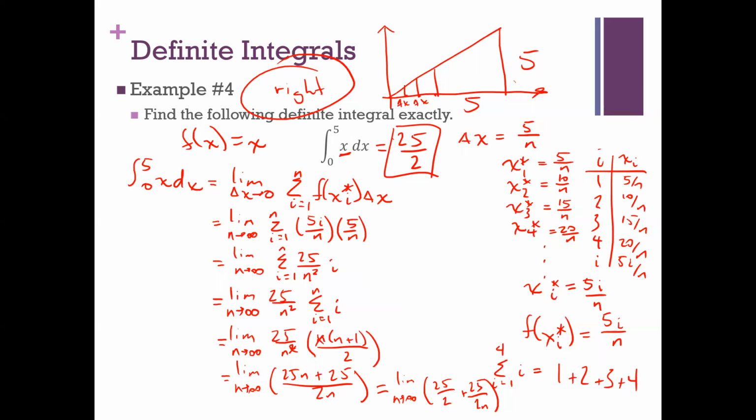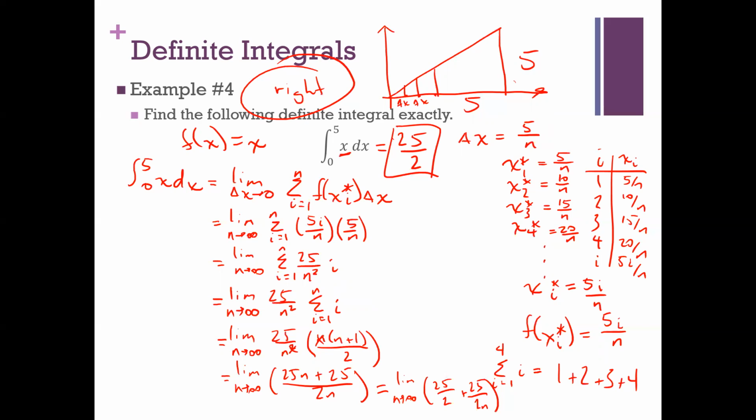What does delta x depend on? The amount of rectangles you want to make, and how big the interval is. In this case, the interval was 5 units wide. It can be any size. So you go from looking for the limit of delta x to 0 to n to infinity.